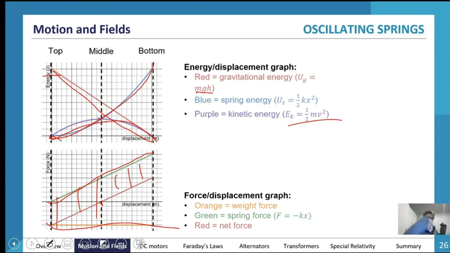So before acceleration changes sign here, acceleration first of all equals 0, and that enables kinetic energy to be a maximum because that's when velocity is at its peak.